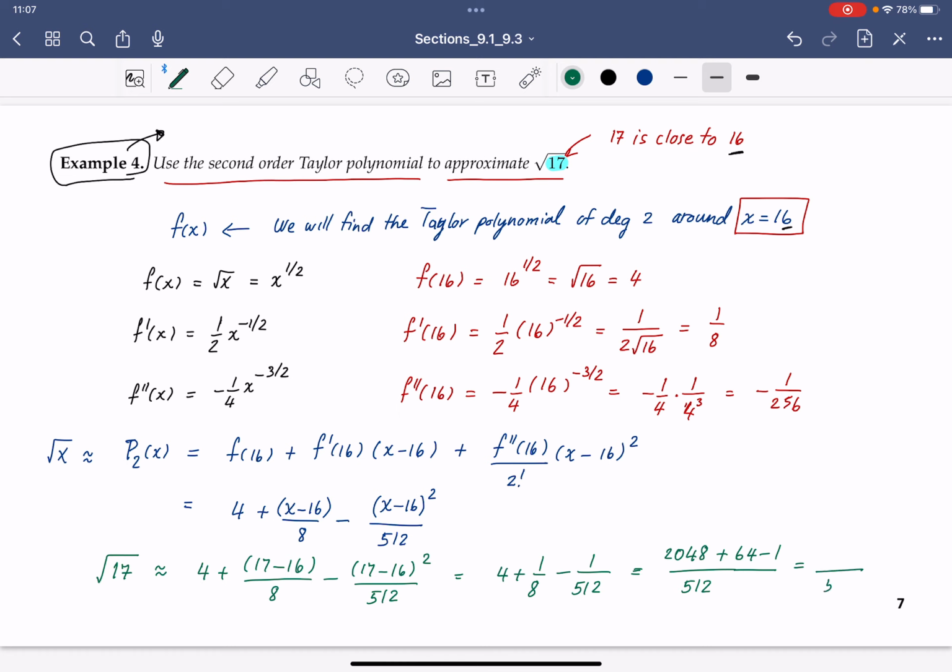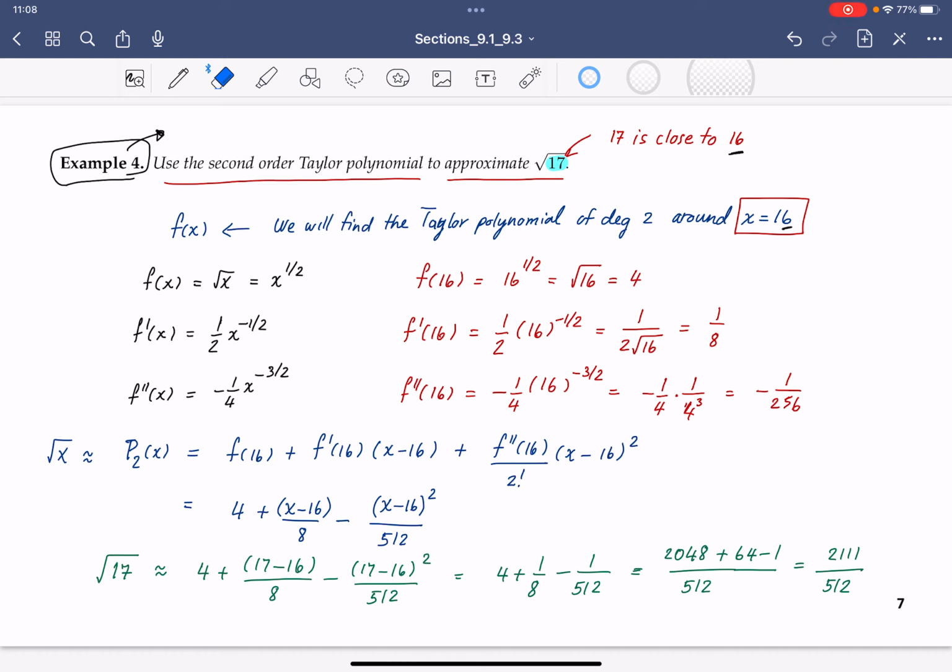It will be like 4 something. This is how you approximate the square root of 17 by using the Taylor polynomial.